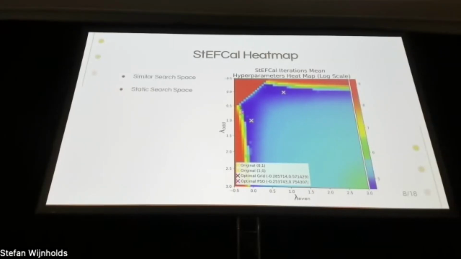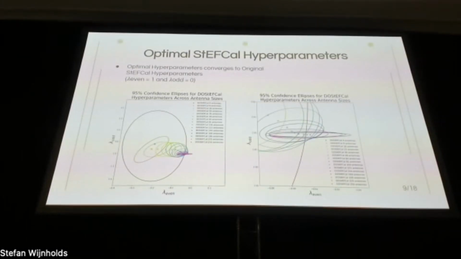We only used the grid search to get a picture of the hyperparameter space, to get an intuition of how it looks. Then we used the PSO to get the optimal hyperparameters for STEFCAL. On the diagram on the left, we have lambda odd on the y-axis and lambda even on the x-axis. We plotted the 95% confidence ellipses for the optimal hyperparameters of STEFCAL. DO-STEFCAL stands for dual optimized. We also plotted the mean of the optimal hyperparameters over all the different types of errors we introduced.